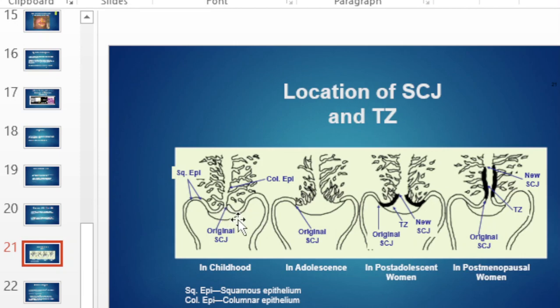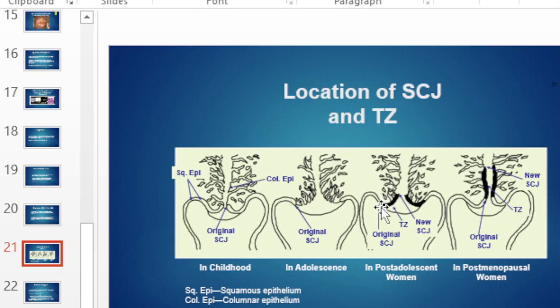So as a woman is going through life, the squamocolumnar junction shifts depending on the estrogenic status of the woman. For example, when she's an adolescent, there is a replacement of this columnar epithelium. It is gradually replaced by the squamous epithelium that is coming from the outside, in a process that we've mentioned to be squamous metaplasia.